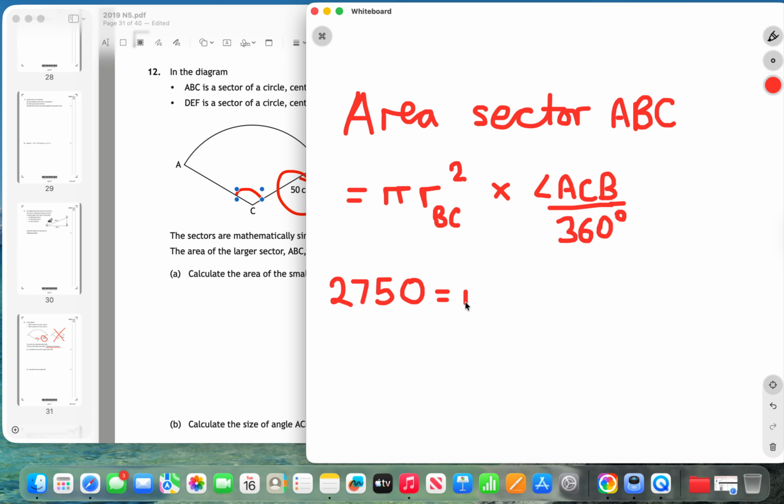So we do pi times 50 squared times angle ACB divided by 360.